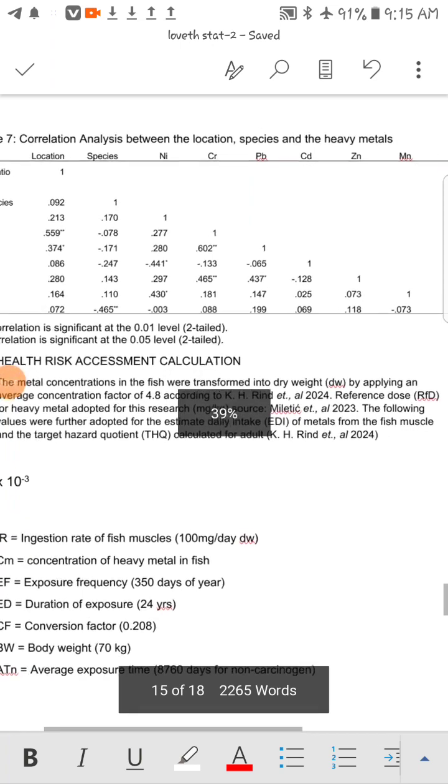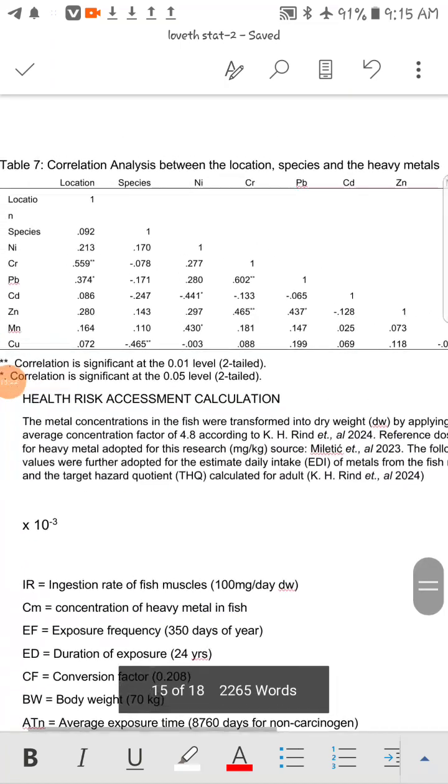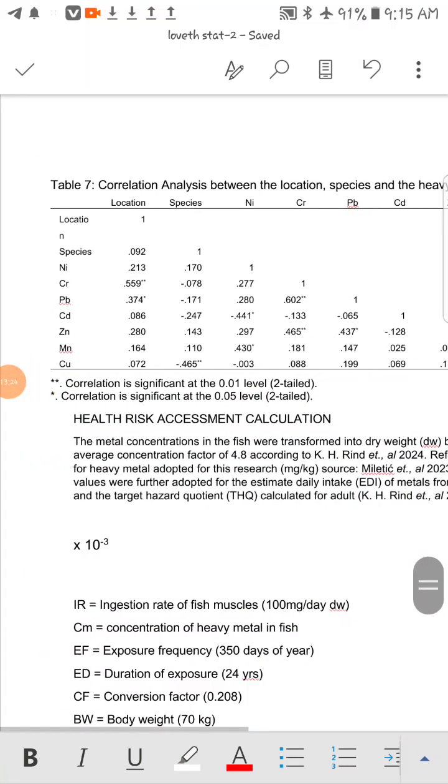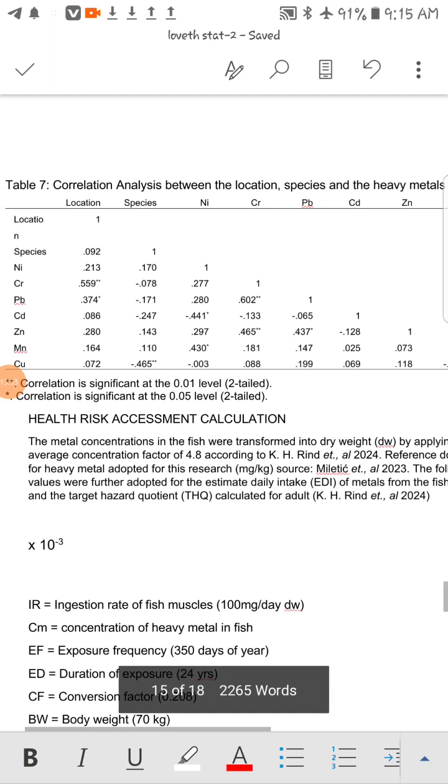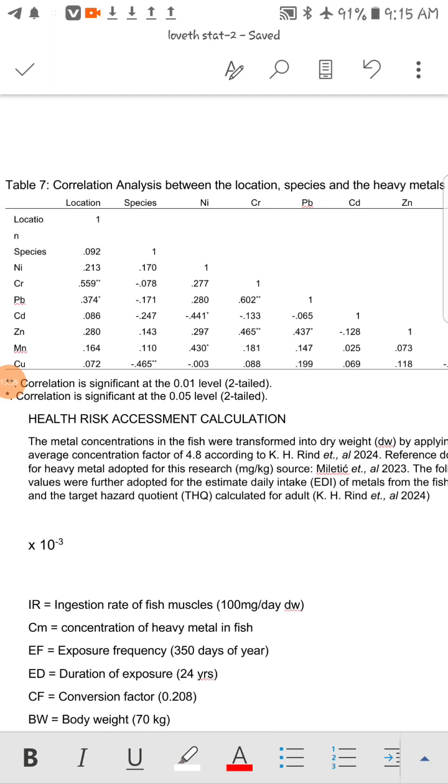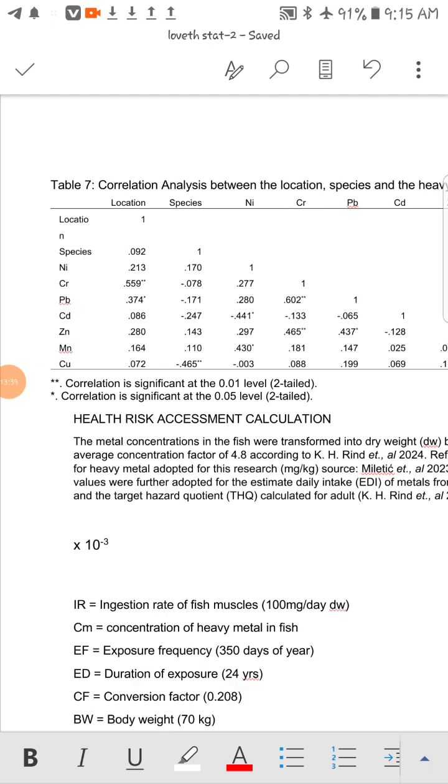If you look closely, you will see some values having ones. This is telling you that there's a perfect correlation. However, you need to determine the strength of the correlations in them. Between the species and the locations, the correlation is weak. And how do I know that?